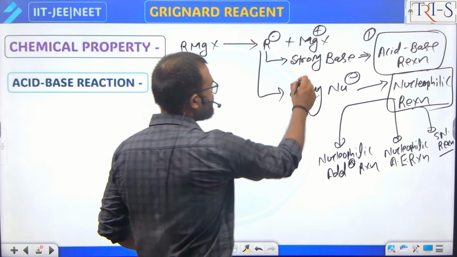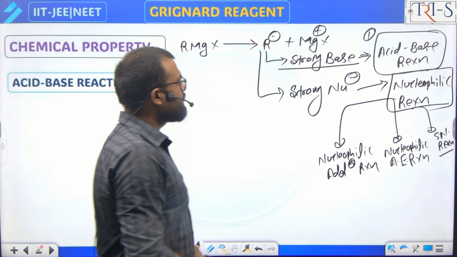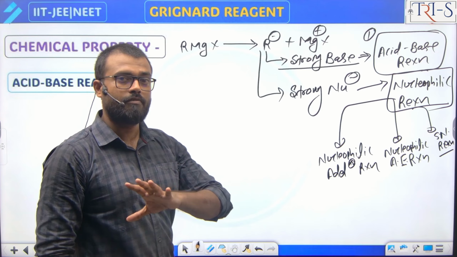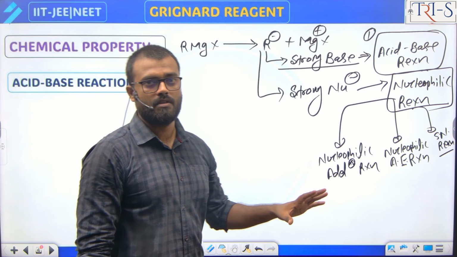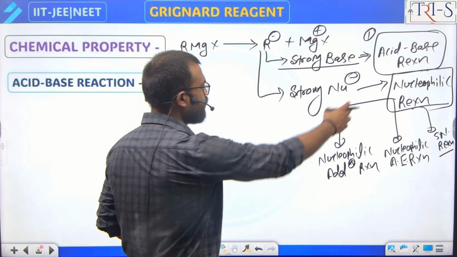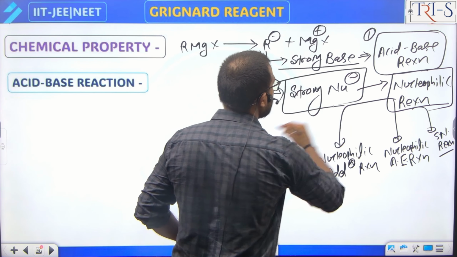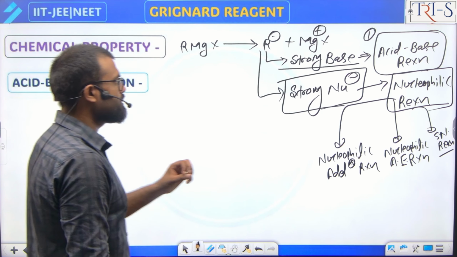First we have to check whether the given compound is an acid or not, because the acid-base reaction is a very strong, very fast reaction compared to other reactions like nucleophilic reactions. So first we have to check whether the given compound is an acid or not.